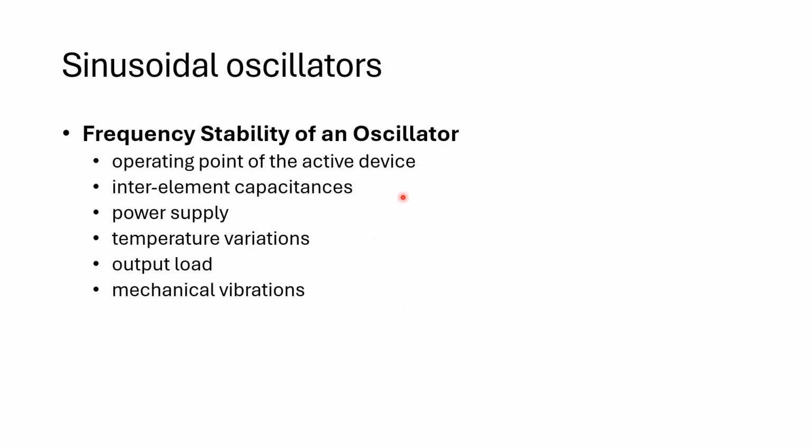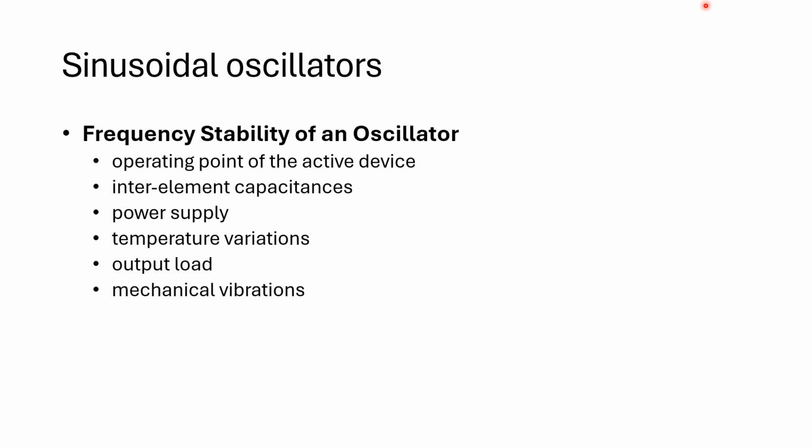But if we're talking particularly about transistors, what are we going to do with the operating point of our active devices? The Q point or operating point is chosen so as to confine your circuit operation to the linear portion, because nonlinear operation varies the parameters. Thus, when your parameters are varying, it will have an effect on the frequency stability.